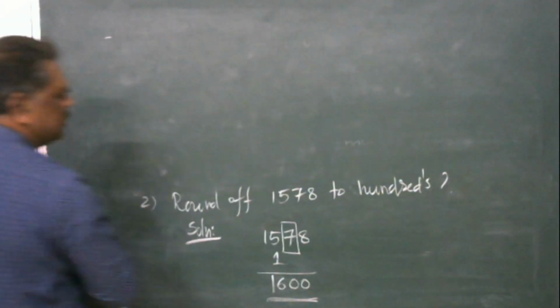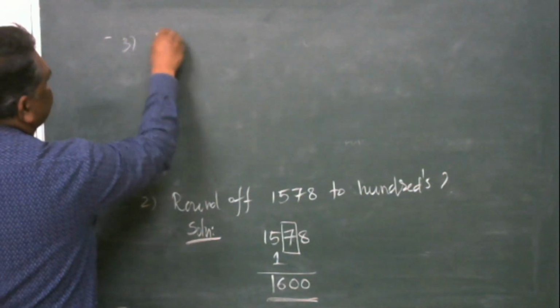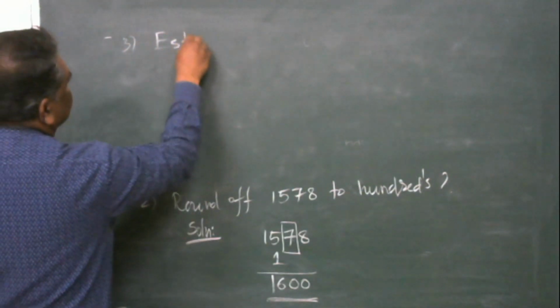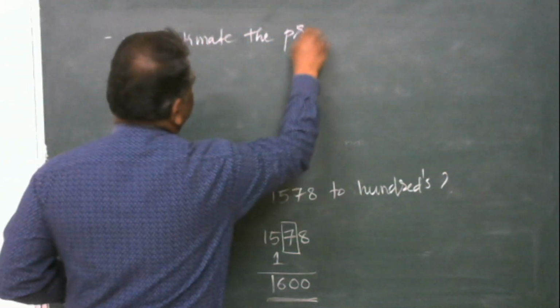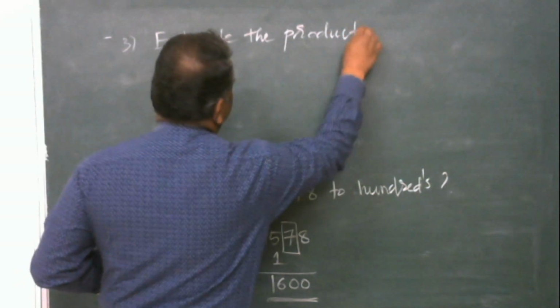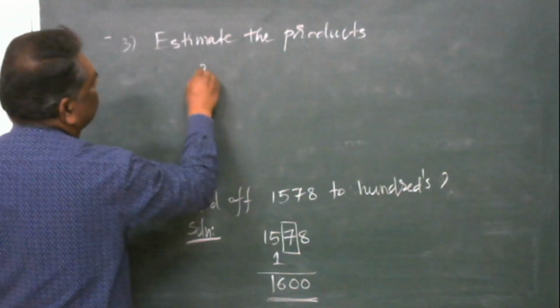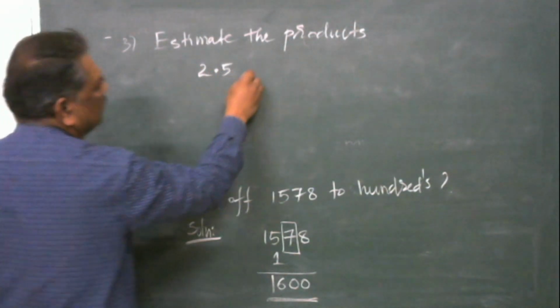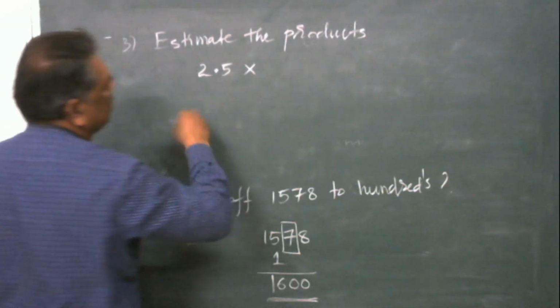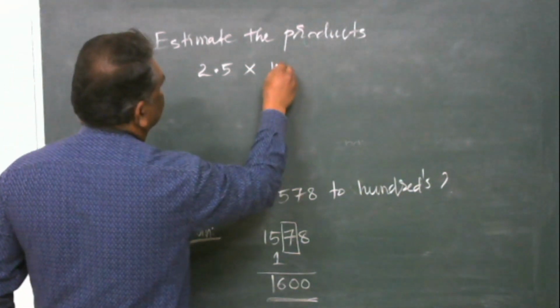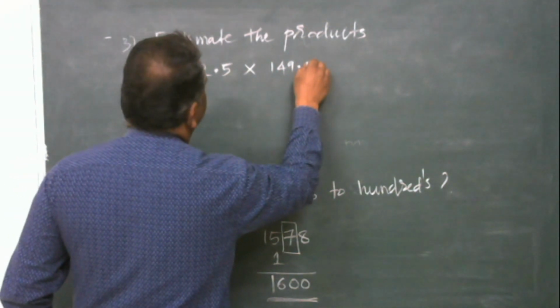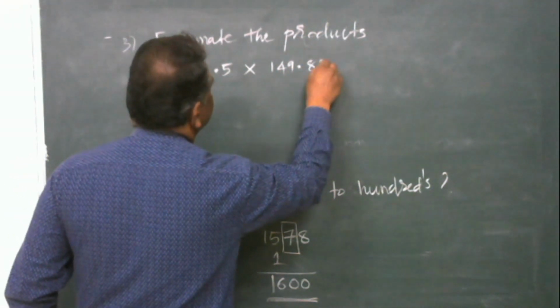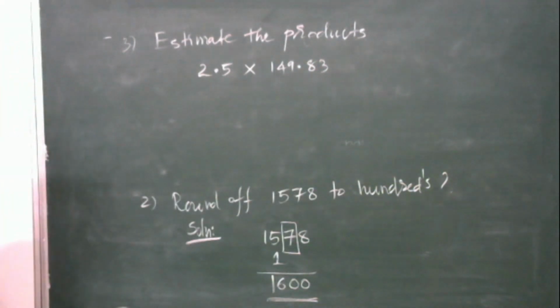They will be asking in the exam: estimate the product, maybe 2.5 multiplied by 149.83.